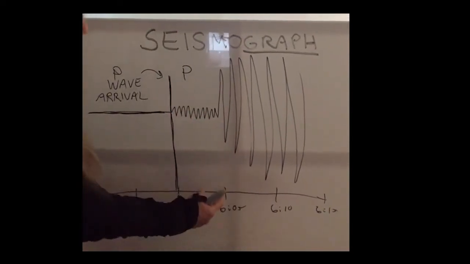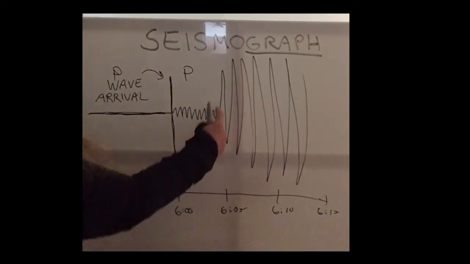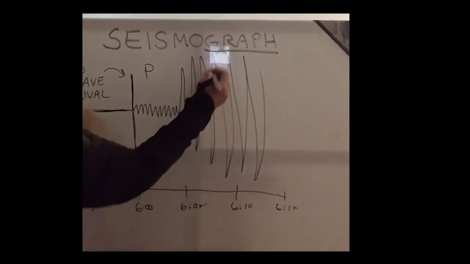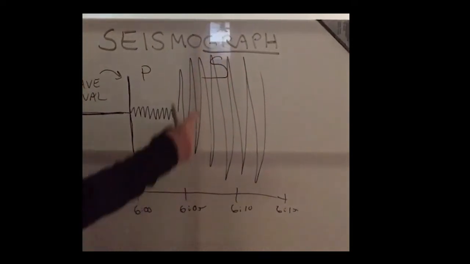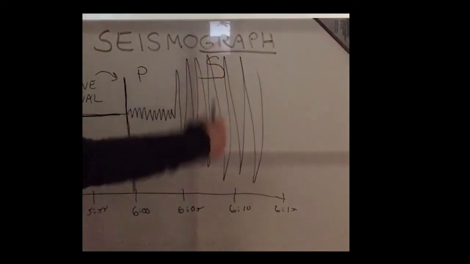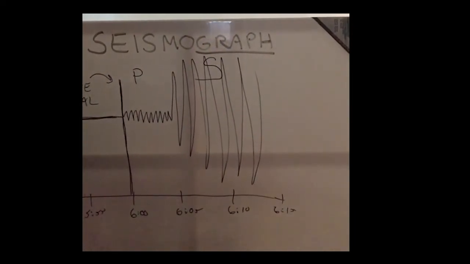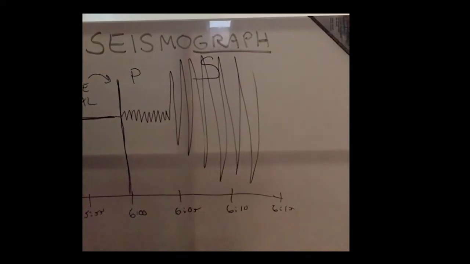And 5 minutes later, we have a different type of wave. These are the S waves. Remember, think of snake. It kind of looks like a snake. They're transverse waves. They move a little slower, and they can only go through solids.